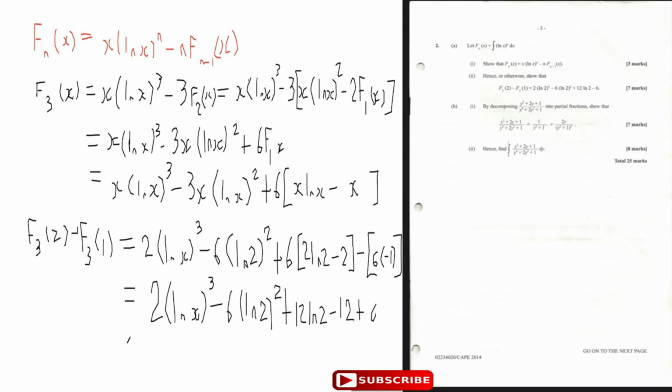So finally, the final answer is just going to be 2 ln 2 cubed minus 6 times ln 2 squared plus 12 ln 2, then minus 12 plus 6 is just minus 6. Is that what they have? Let me check it.